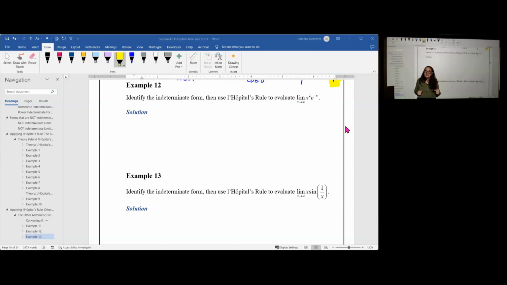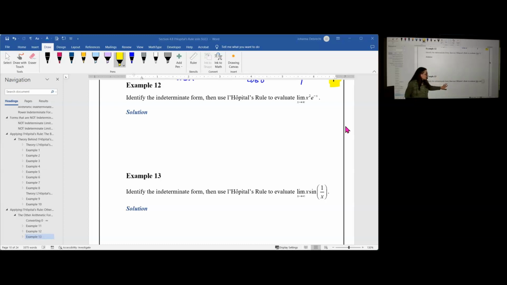E to the negative x, as x moves to the right, is a decreasing exponential, which approaches 0. That gives me infinity times 0. In this case, since the exponential has a negative exponent, it makes sense to simply drop it to the denominator and change the sign to a positive.